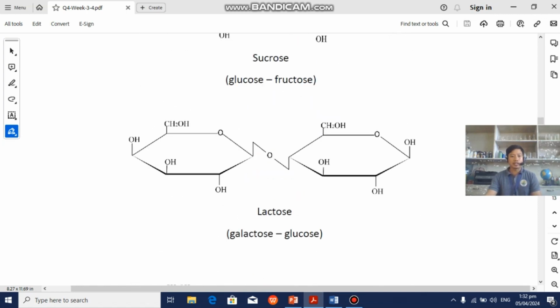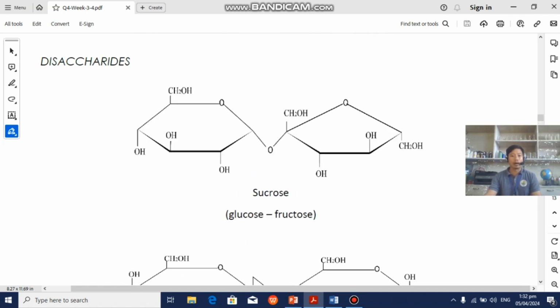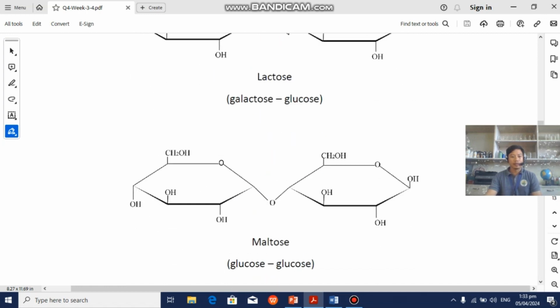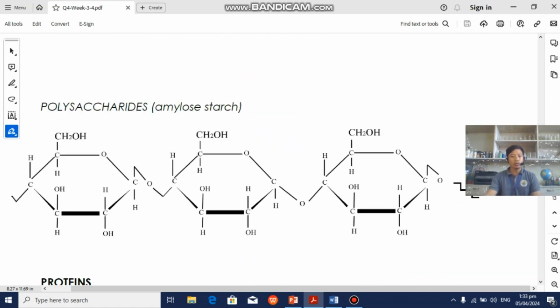So have you noticed the structural formula of disaccharides? It is composed of 2 molecules of sugar. That is why it is also called disaccharides, meaning 2 molecules of sugar.